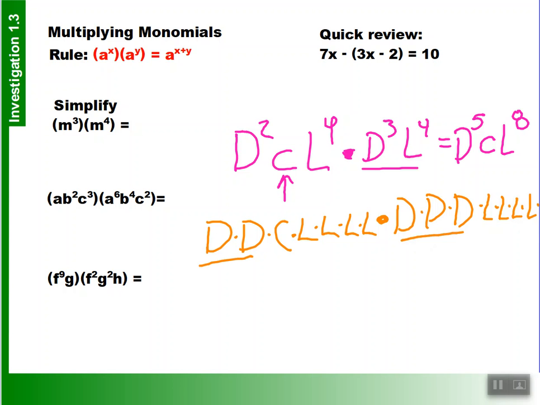Those two, these three, so that's D to the fifth. I only have this one C. And I have 1, 2, 3, 4, 5, 6, 7, 8 L's.